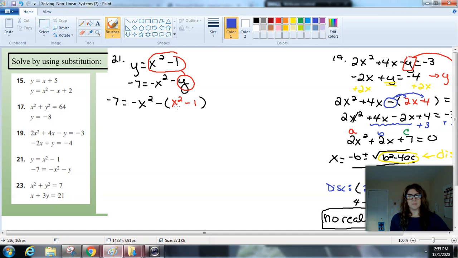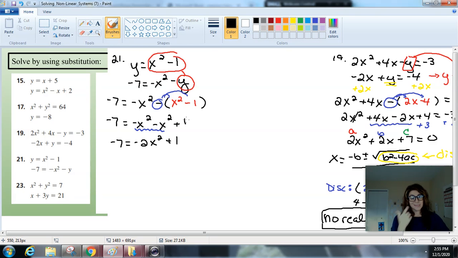Just like the previous problem in 19, I've got to distribute this negative sign. So we have negative 7 equals negative x squared minus x squared plus 1. All right, so again, we're going to combine our like terms here. So I got negative 7 equals negative 2x squared plus 1.